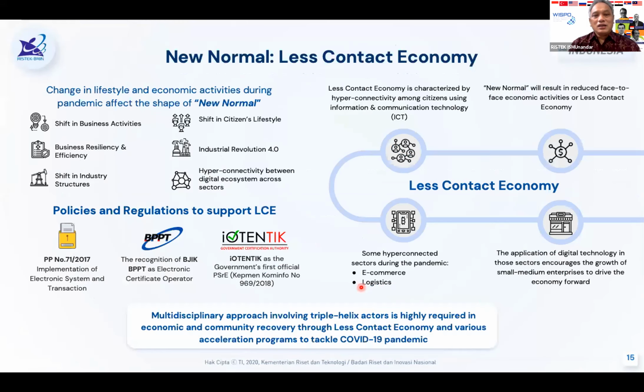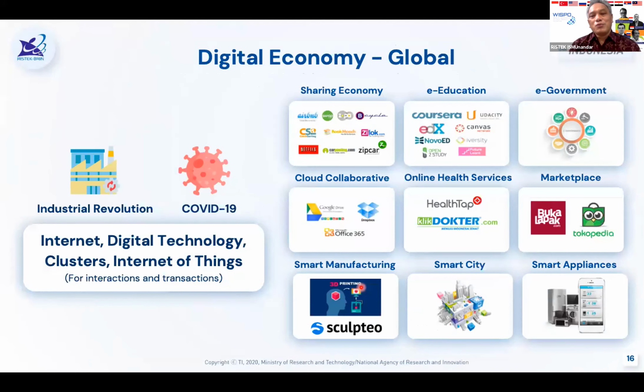Let me finish with one of the opportunities that is plentiful in today's era, which is the digital economy. We see that it is digital because of, as I mentioned, the fourth industrial revolution, and also catalyzed by the pandemic because, as I mentioned, the less-contact economy is a necessity now.